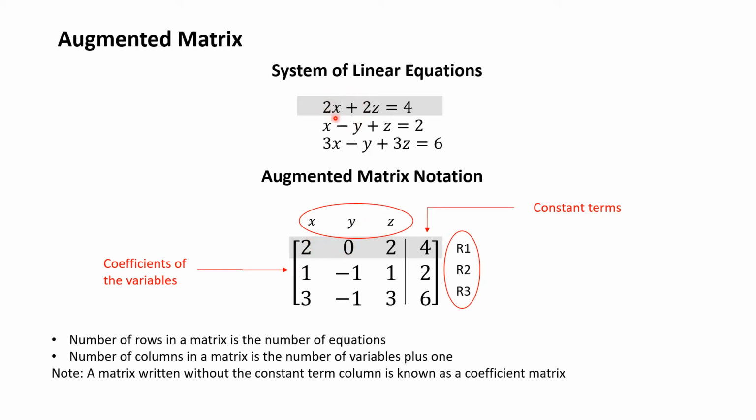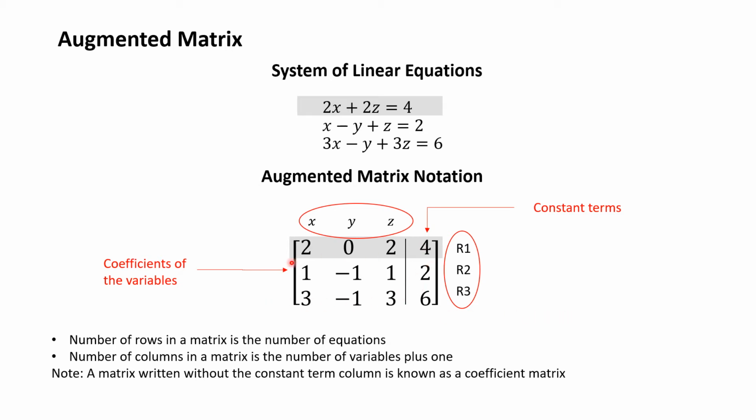There is no variable y in this equation, therefore a coefficient of 0 is written. There is a coefficient of 2 written in front of the variable z, therefore we have a 2 in column z, row 1, and a constant term of 4.